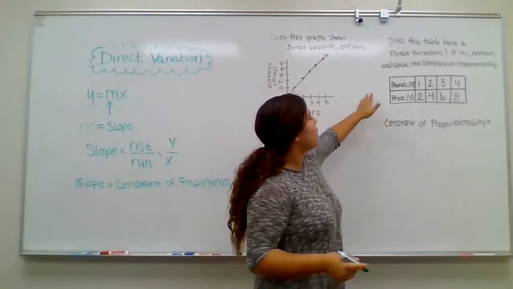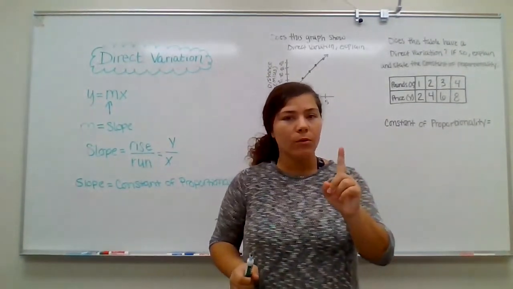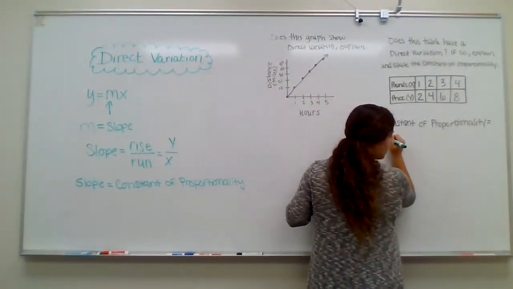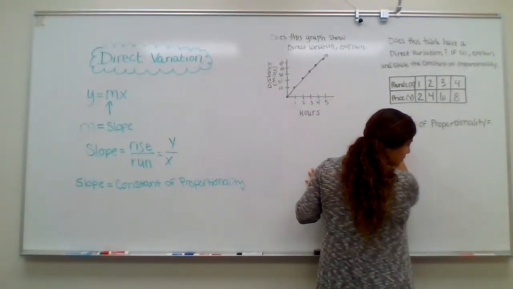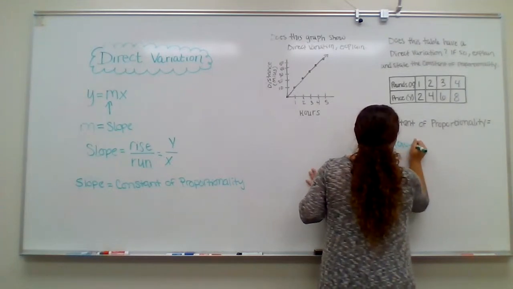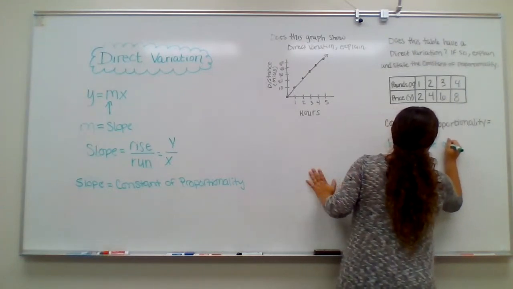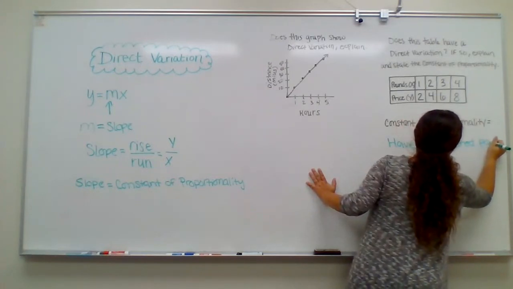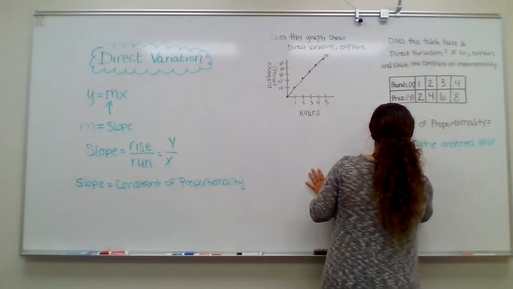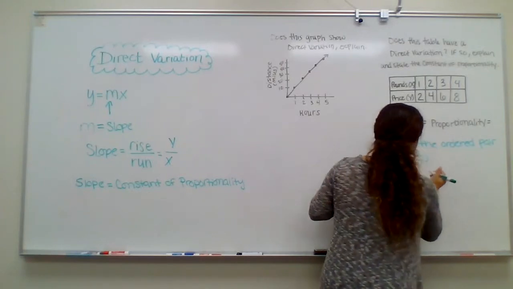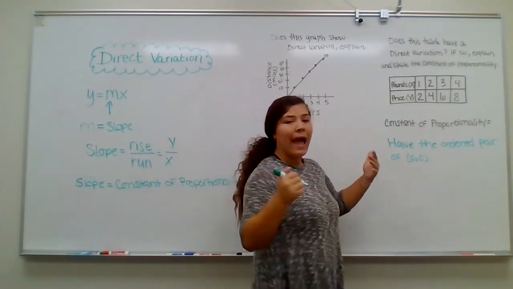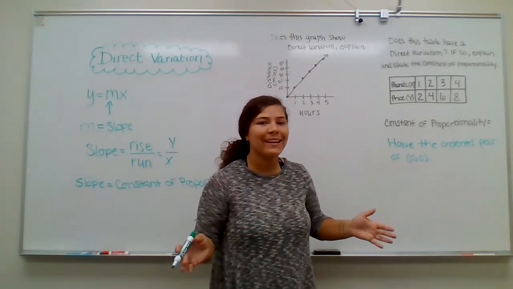So we look here. Okay, so we know the first thing, it has to have the ordered pair of 0, 0. Next, it must have, guess what?